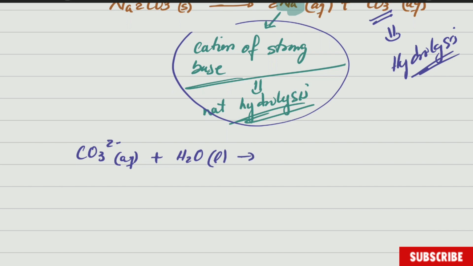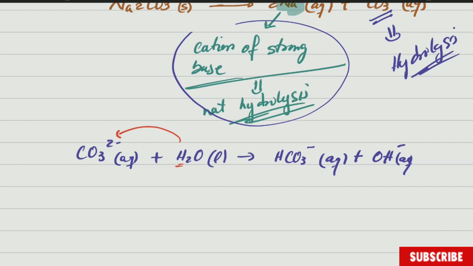So now this one will react further with water. And how is it going to happen? It will be HCO3 minus, one hydrogen will be transferred from the water to this substance there, aqueous, plus OH minus, because the water loses one hydrogen. Okay, this is what happened there.